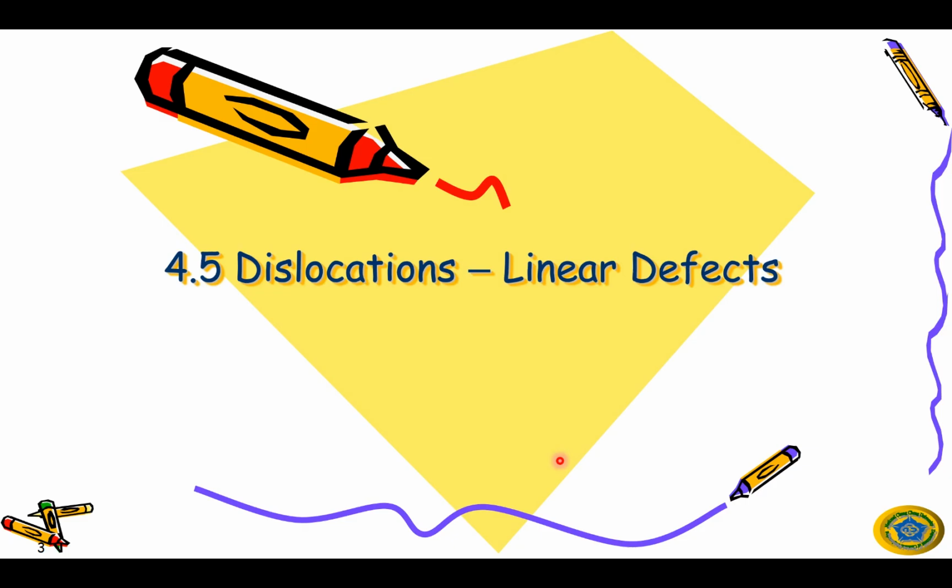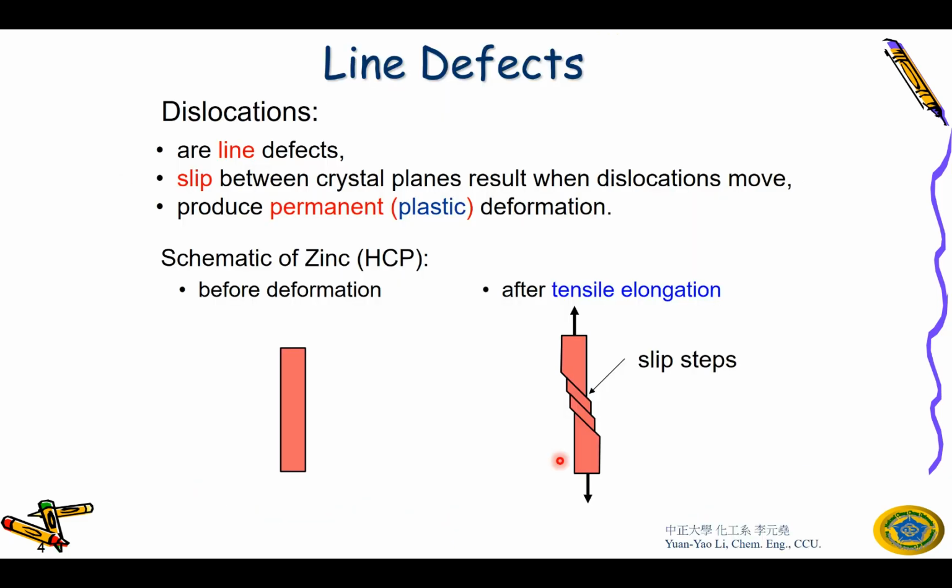First one, dislocation, linear defect. Dislocations are line defects. Slip between the crystal planes results when the dislocation moves and produces permanent or plastic deformation. Once you make deformation, it is permanent. You won't come back. This is an example showing a bar of zinc.